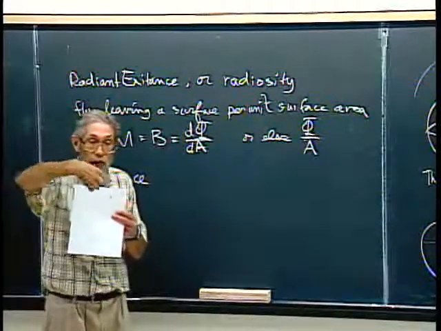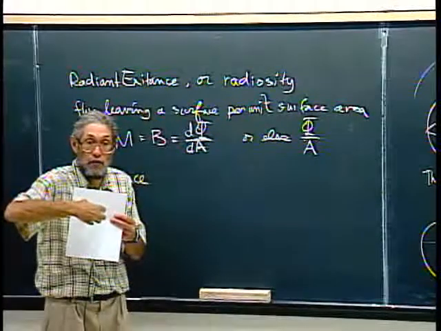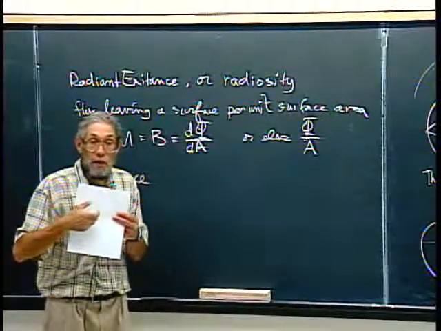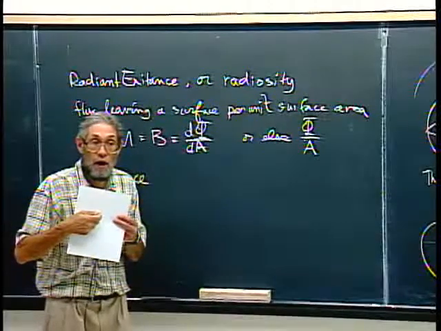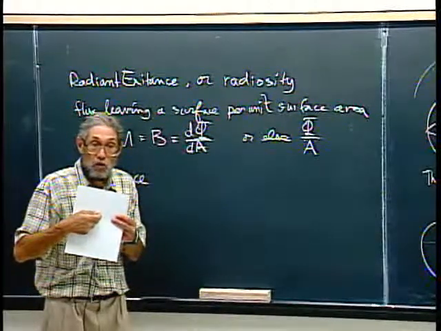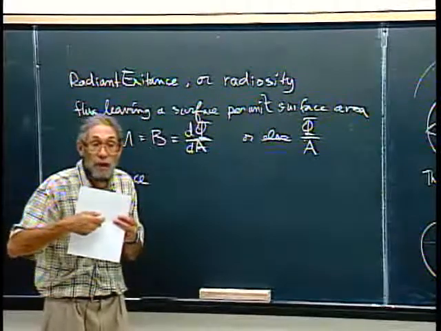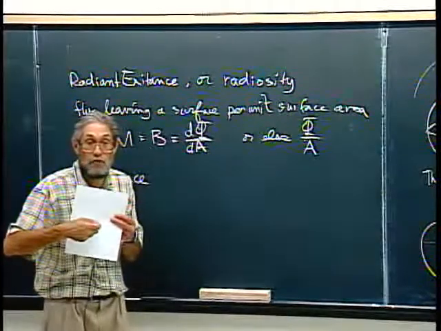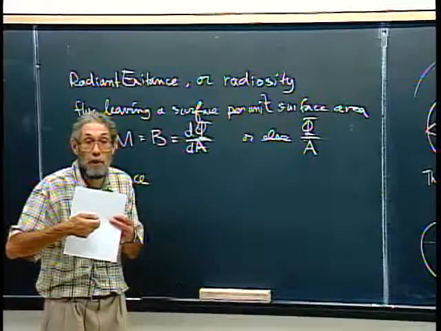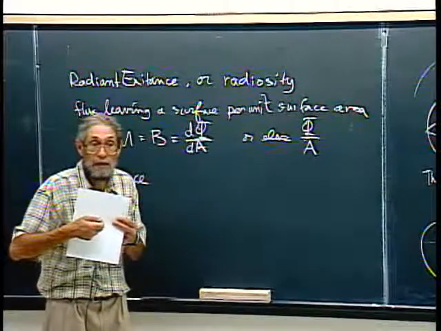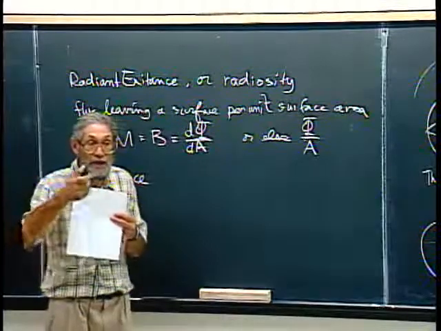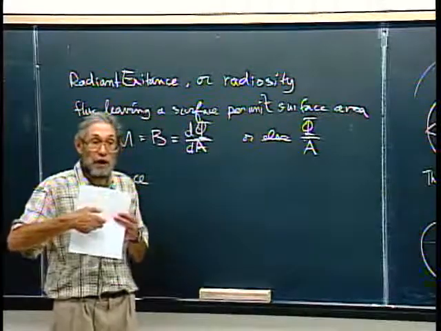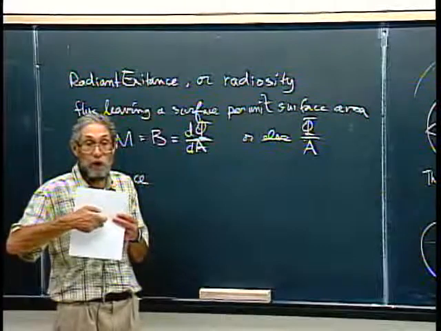So I get flux per unit area on the surface coming in per solid angle. Then when I move much farther from the sun, say to Jupiter, twice as far, the solid angle will get a quarter as big. And the amount of light, the irradiance, will be a quarter as big. But the radiance will be the same because it's the flux per solid angle, and I'm dividing by a smaller solid angle.